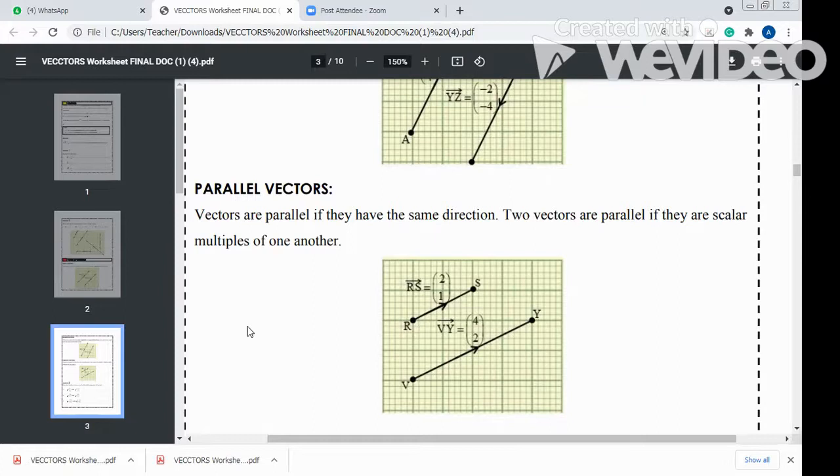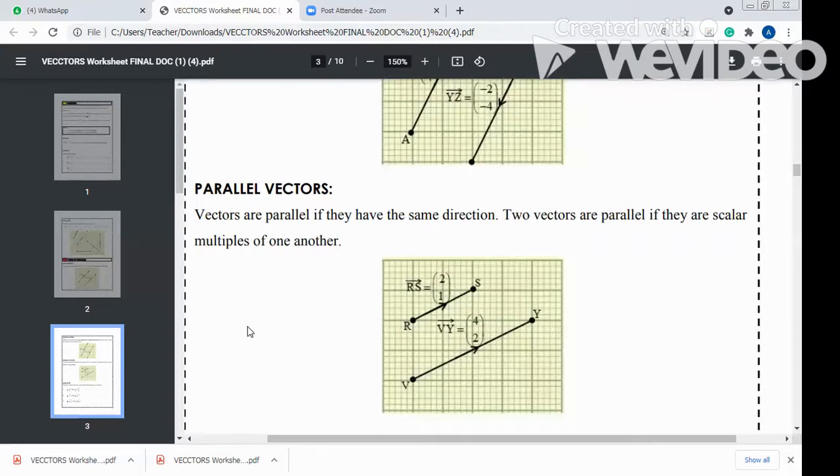How do you prove that two vectors are actually parallel? Well, it's a little more technical when we're doing vectors. It says that two vectors are parallel if they are a scalar multiple of one another.